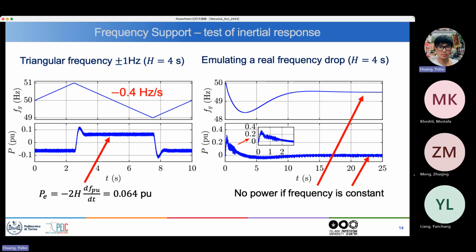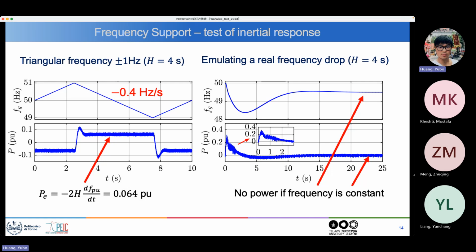This is because you have an additional power injected, which is proportional to the derivative of the frequency. That is precisely what the inertia is. An additional power proportional to the derivative of the grid frequency. So it's not exactly a rectangle, because there are other effects in the equations, but it is roughly a rectangular signal that follows this.